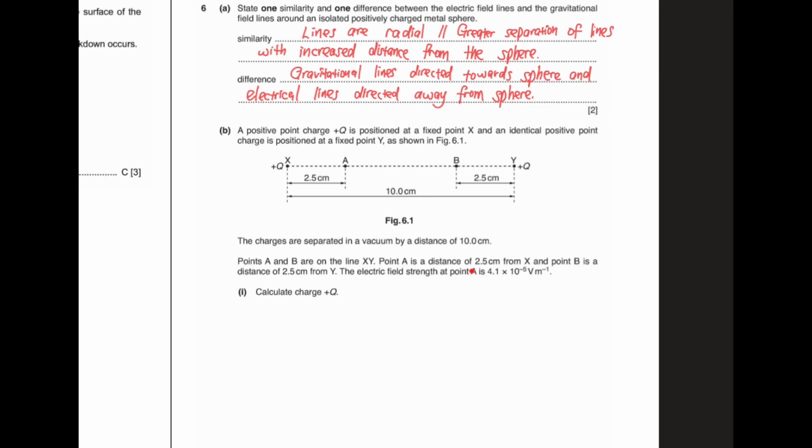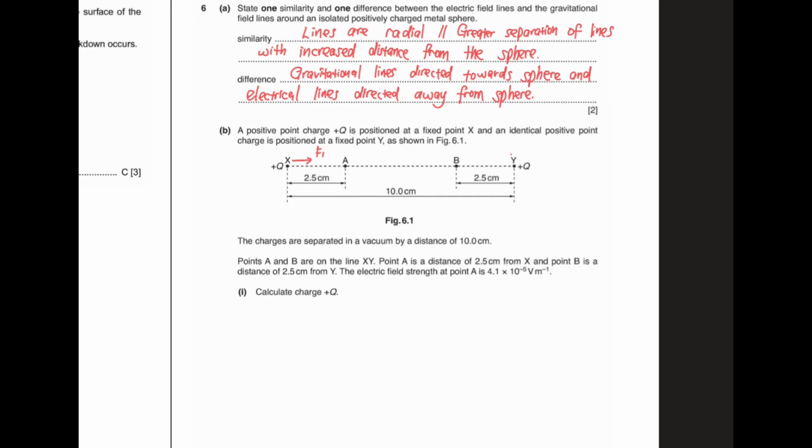So this is the electric field strength at point A, which is 2.5 cm from X, and at the meantime, it is 7.5 cm from Y. Okay, so this point charge will have force on point A in these directions, and the point charge at Y will also have force on point A in the opposite direction.